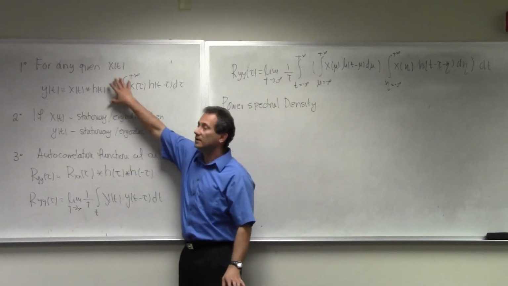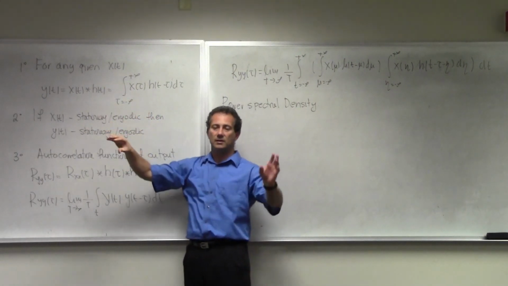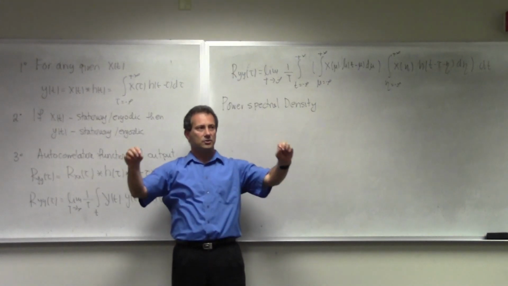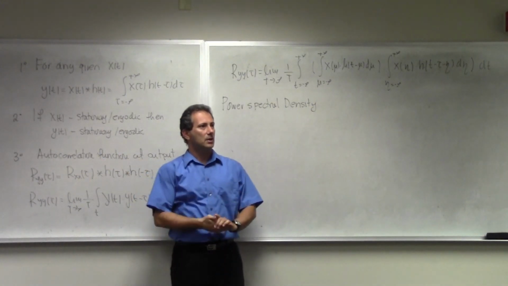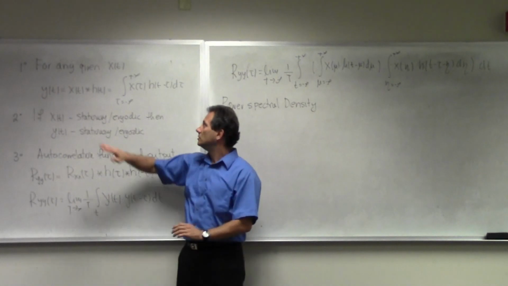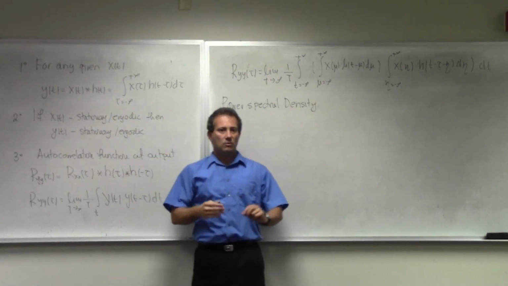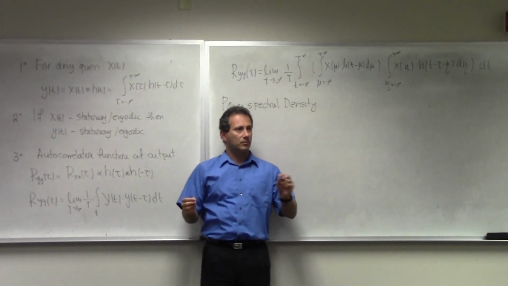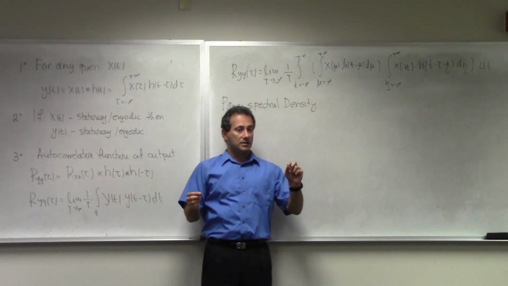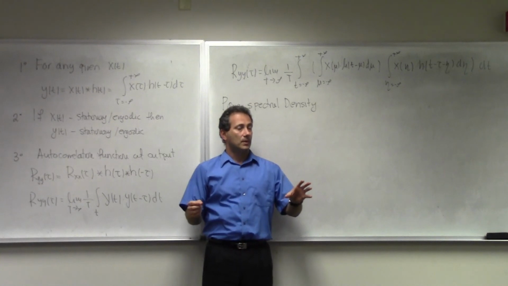If you say, here's your input, what is the output going to be? It's easy, you just execute this convolution and you're done. But can you know the autocorrelation function of the input without knowing the input? That's actually what you're after.